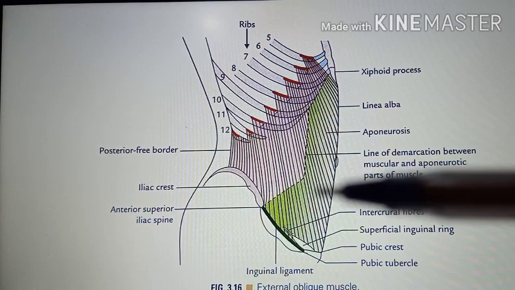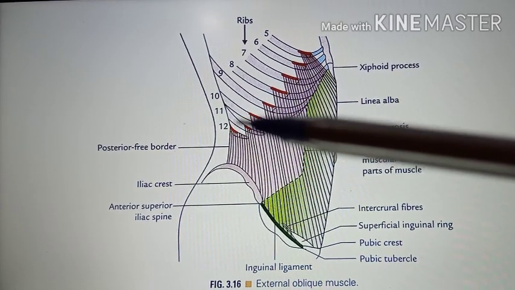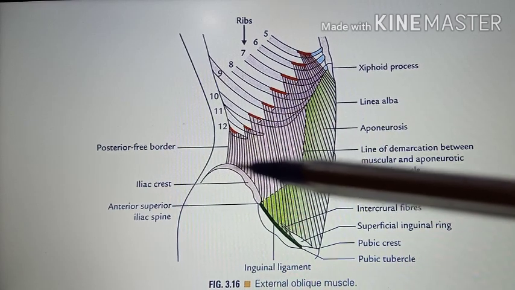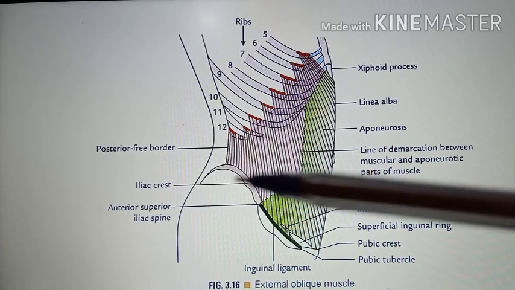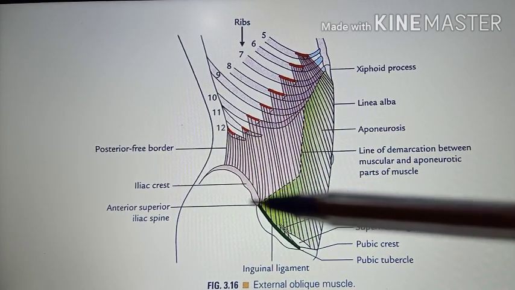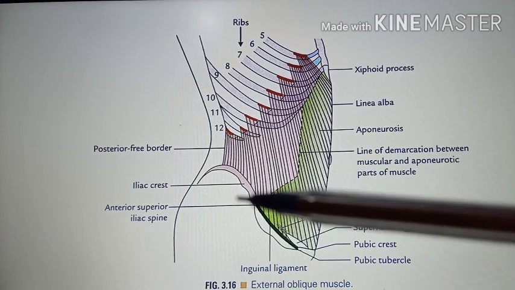Then coming to the insertion, the posterior most fibers pass vertically downwards to be inserted into the outer lip of the anterior 2/3 of the iliac crest.